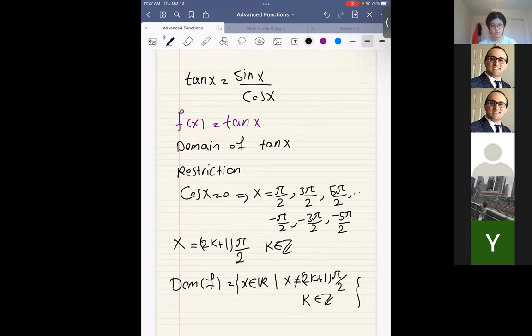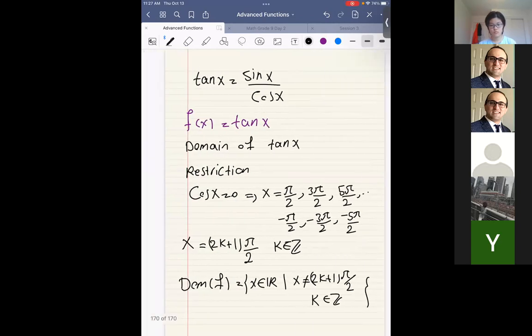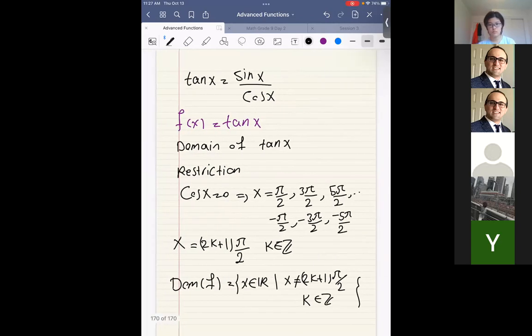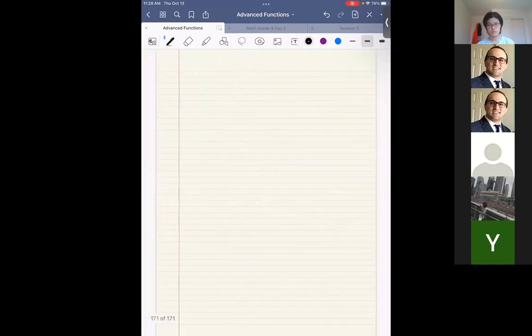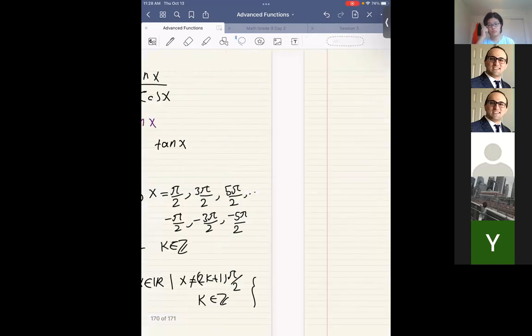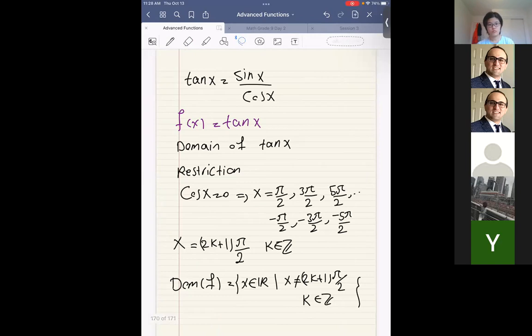And if you want to draw the graph of tangent, another lesson is that x equal to pi half is a vertical asymptote, because when x approaches pi half, cosine is 0 but sine is just 1, so you get 1 over 0, which is infinity.